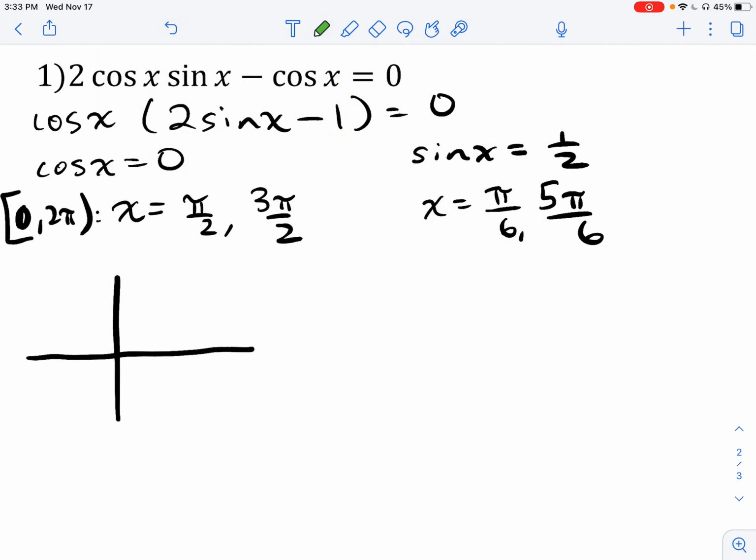So we've got pi over 2, 3 pi over 2, and we also have pi over 6 and 5 pi over 6. So now that we have those, let's come up with the general solutions. Is there any way that we can express all the angles that have these terminal sides in the fewest number of equations possible?